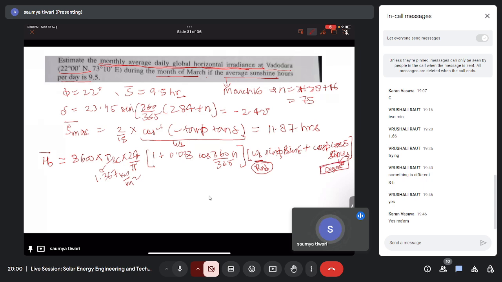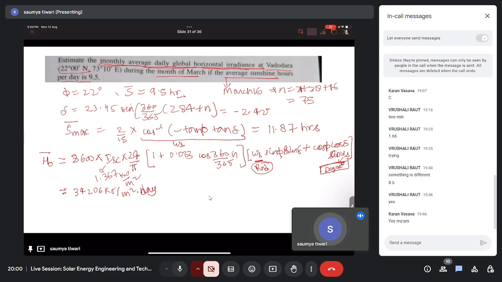They usually put the omega value in degree here also, so it should be in radian, right? If we solve this, it will be around 34206 kilojoule per meter square per day.